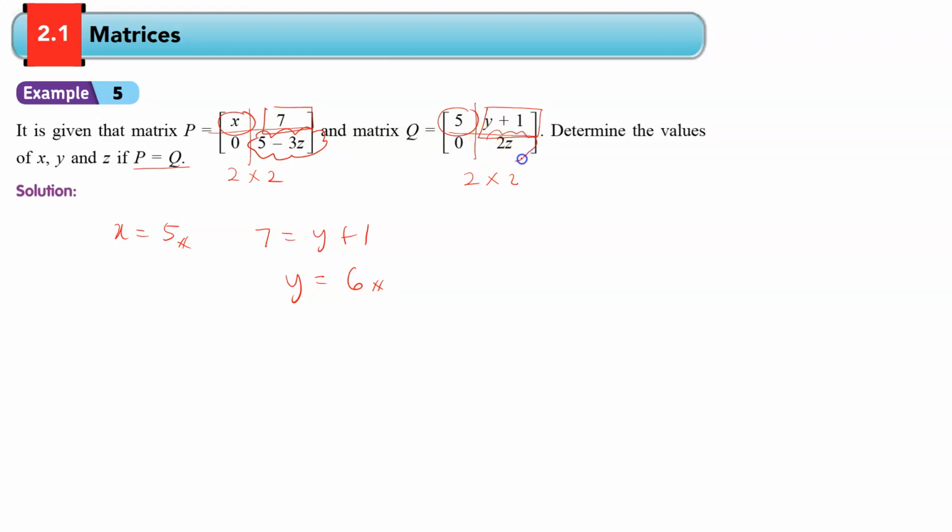Ni sama dengan ni. Position dia. Second row, second column. Second row, second column. 5 minus 3z equal to 2z. So, selesaikan. Z is 1. So, dah dapat z is 1, y is 6, x is 5.